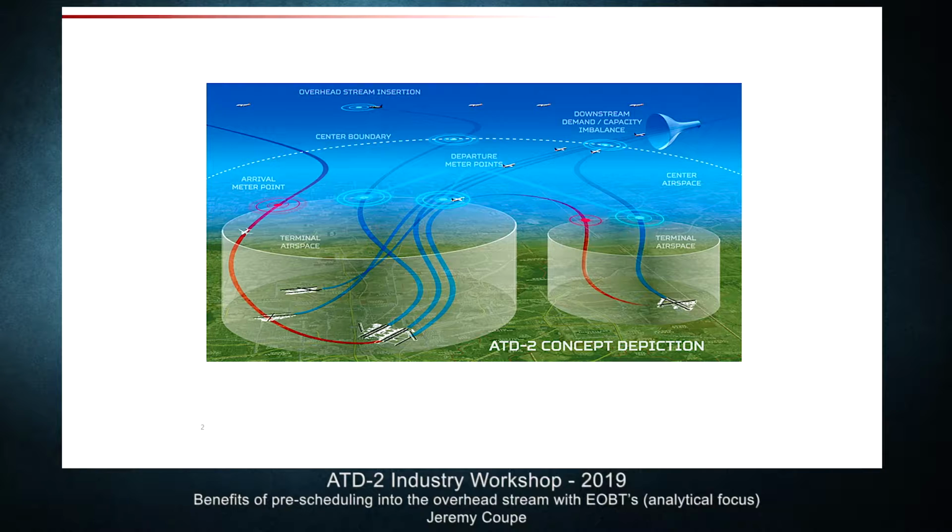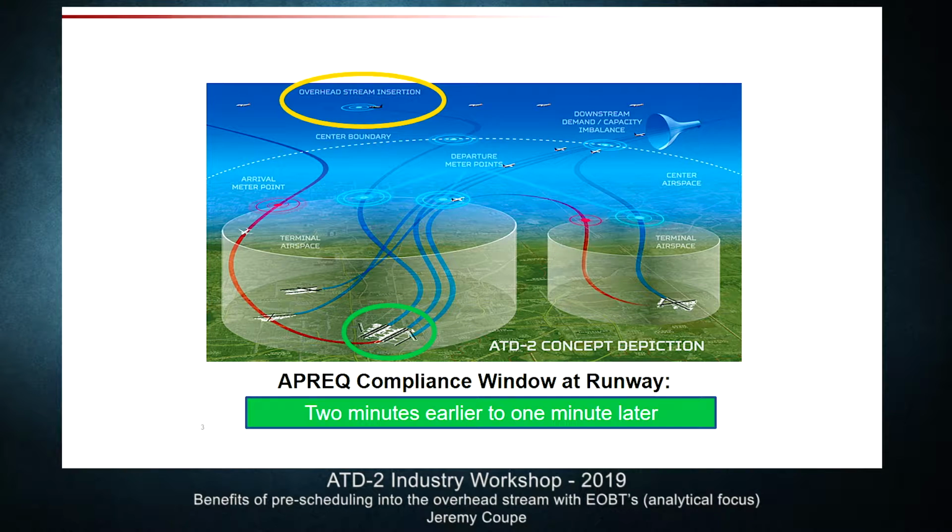The purpose of today's talk isn't really to rehash what the whole IADS concept was. What we want to focus on here, illustrated with these circles, is what we call APREQ, or the approved request for overhead stream insertion.